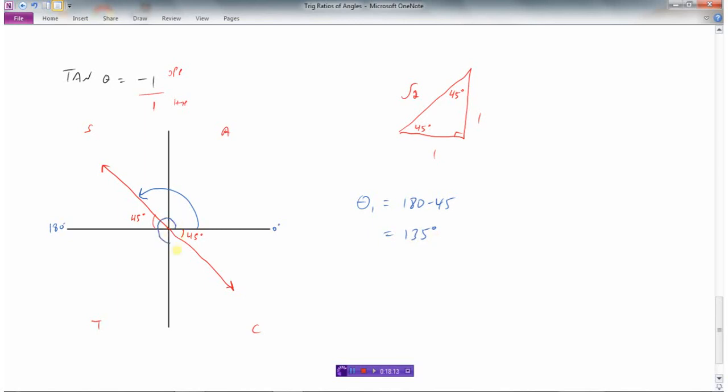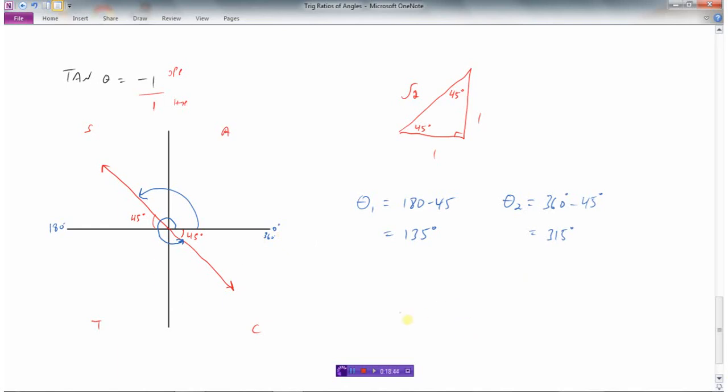My second solution would be to get to this terminal arm. I'll call that θ2. And to get to that one, all the way around would be 360 degrees. But we need to back up 45 because we didn't quite make it all the way around. So this would be 315 degrees. So these would be our two solutions between 0 and 360 degrees.